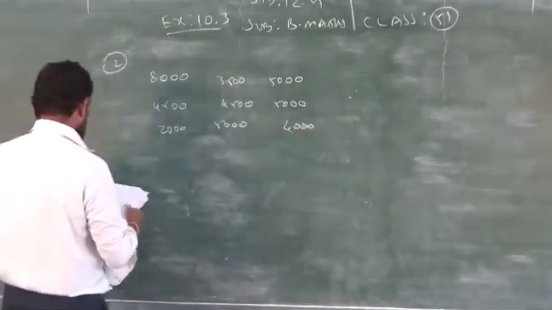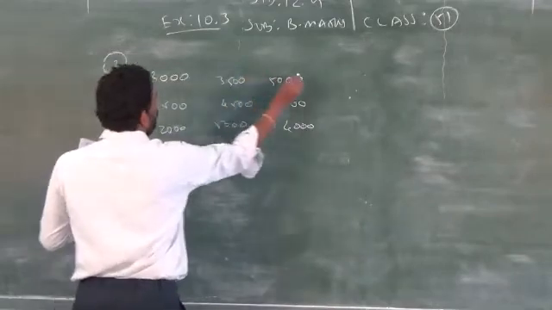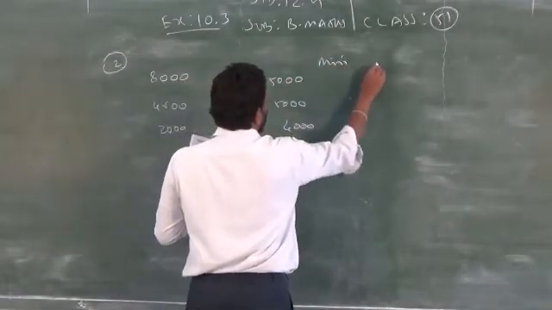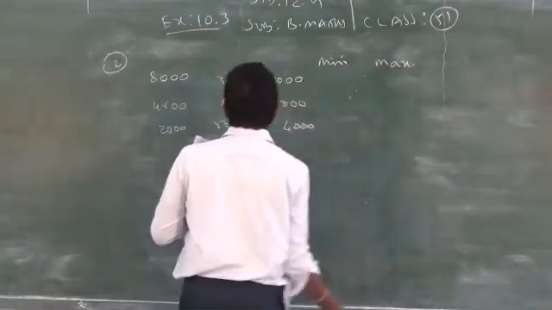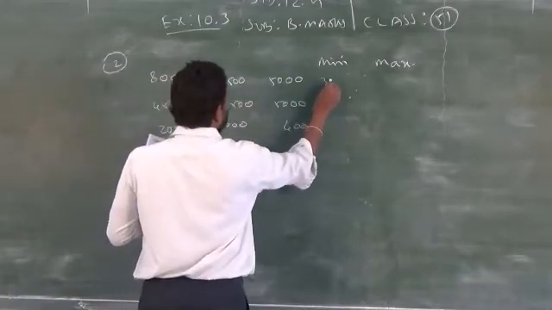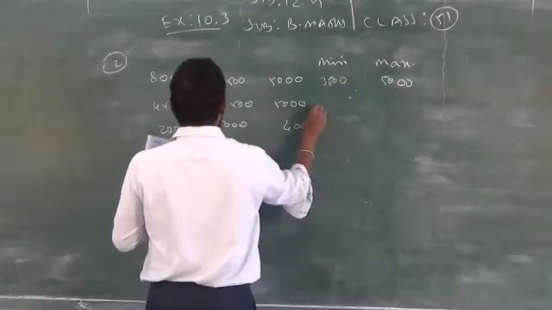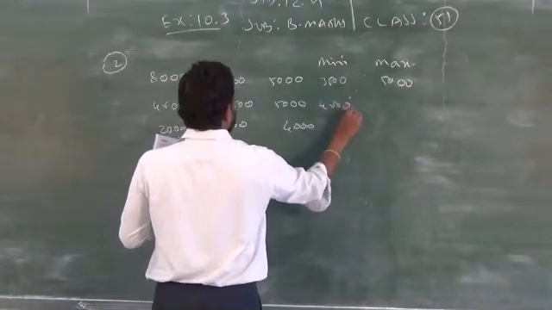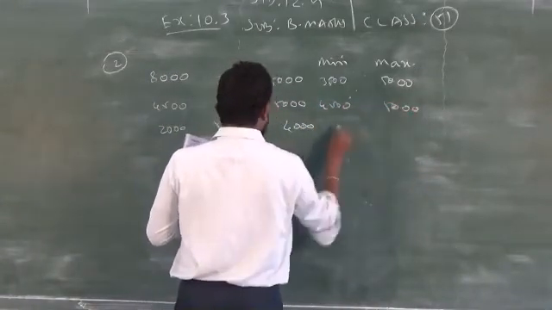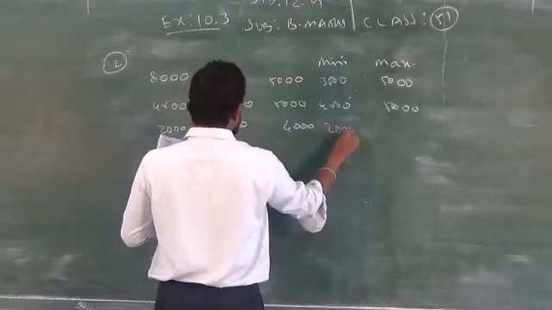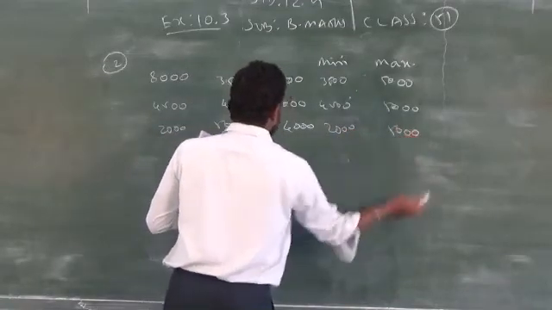So as usual you have to find the minimum and maximum values. What is the minimum value? Minimum is 2,000. Maximum is 5,000.